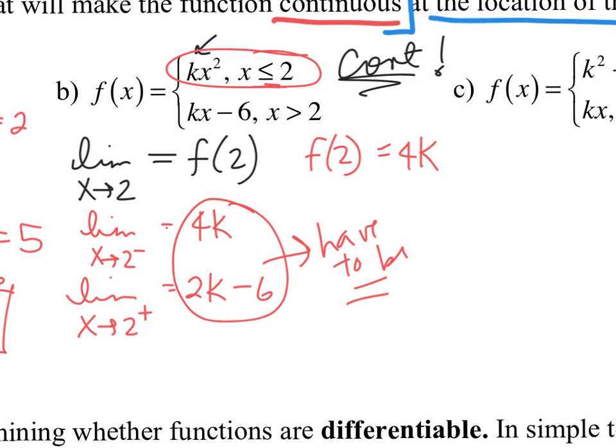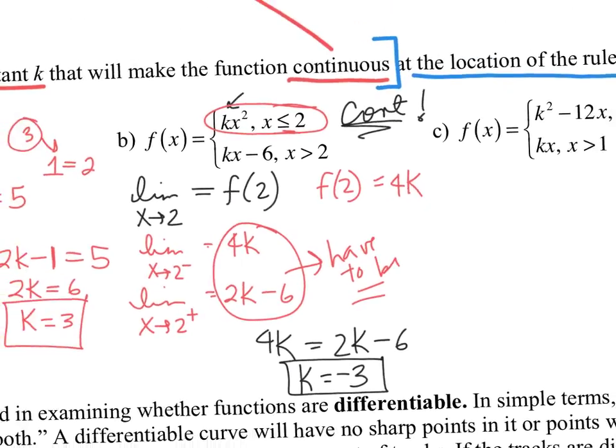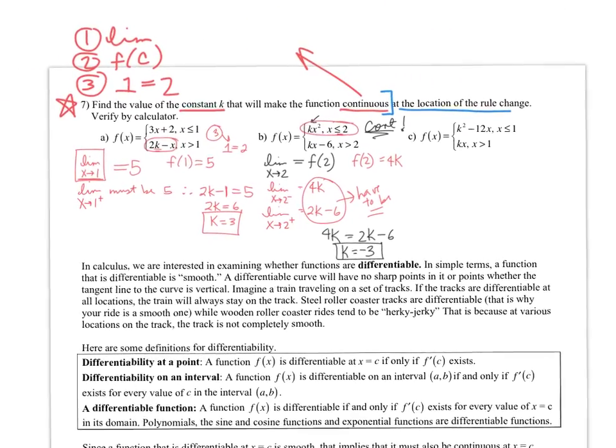Because in order to be continuous, the limit as x approaches 2 has to equal f of 2, and the left and the right have to agree. So let's set them equal to each other to find that k is equal to -3. And when k is -3, the function is continuous. So I'd like you to try C on your own, and then check your answer in the binder.